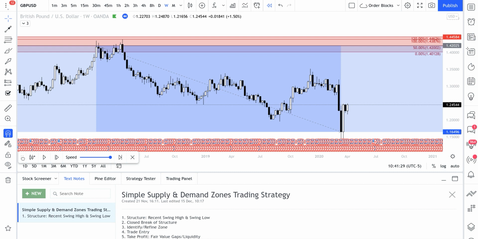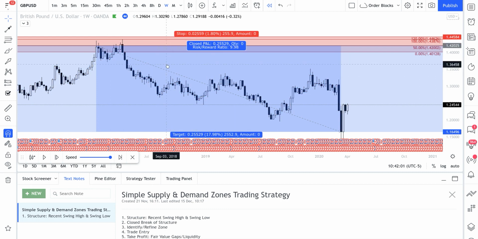Now, in my mentorship program, I do show you guys a less risky way of taking these trades, refining your zones down to the 1 and 5 minute time frame, as well as waiting for entry.